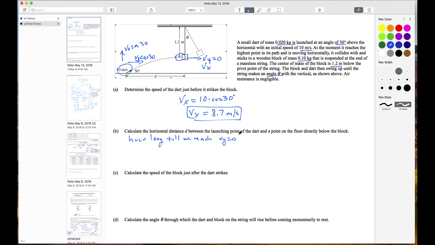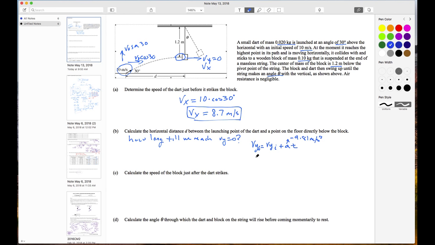So how long until Vy equals 0? Well, we know Vy final is equal to Vy initial plus a t, where a is a negative value, negative 9.81 or negative 10 meters per second squared.